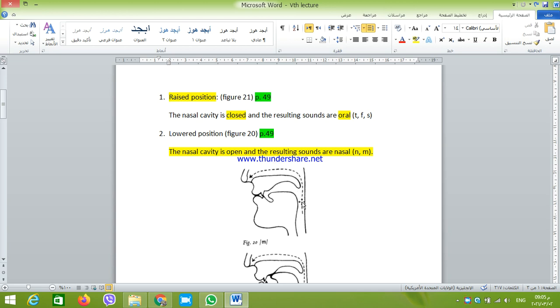It will definitely be obliged to move and take the direction of the oral cavity rather than the nasal cavity. This is when the soft palate is raised. The nasal cavity is closed, and the air goes out through the mouth.